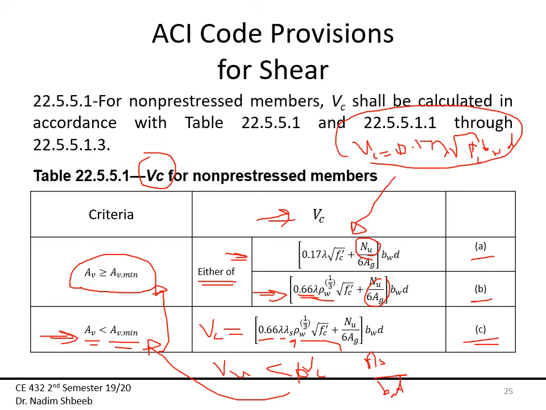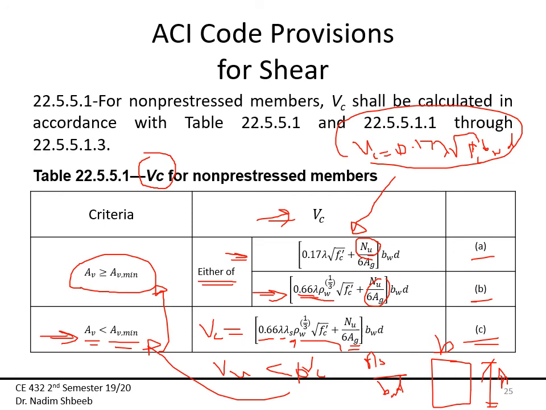Nu again is the axial force, compression or tension, tension negative, compression positive, and this is the gross area of the cross section. So if this is my cross section b and this is h, then the gross area is going to be b times h.